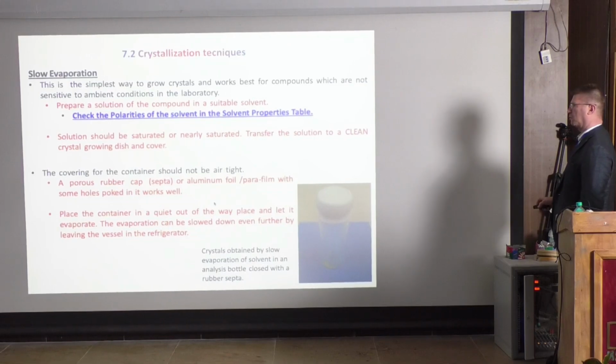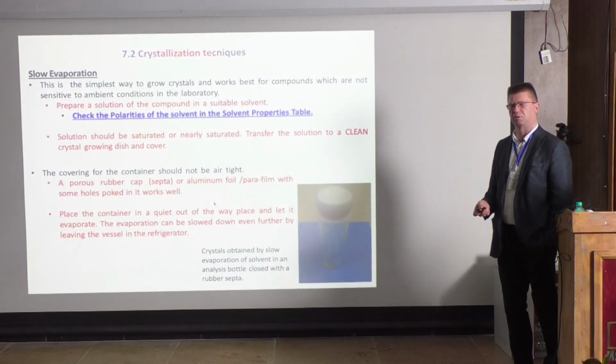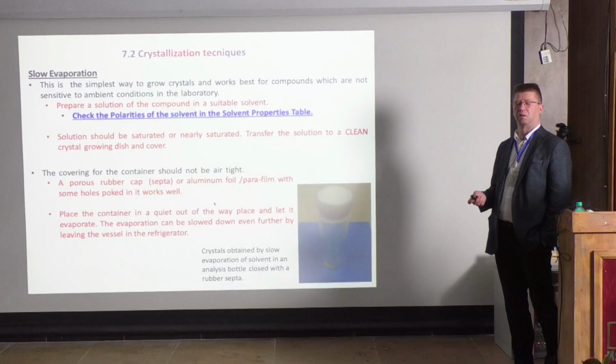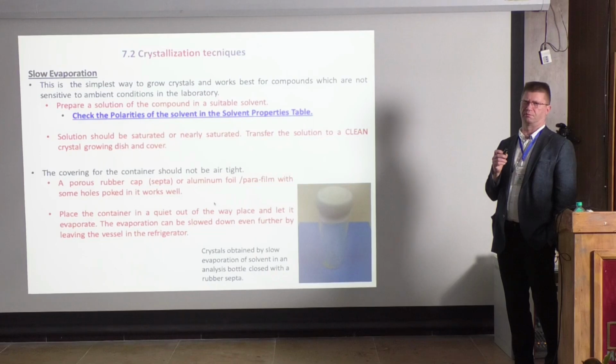Now, they are crystals obtained by slow evaporation. Sometimes you have stable crystals which are stable in the air. Sometimes, especially with large supramolecular structures, there's a lot of solvent, and then the crystal will be destroyed immediately when you take it out of the solvent.